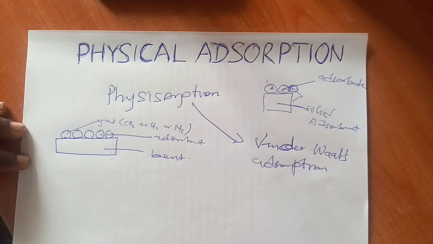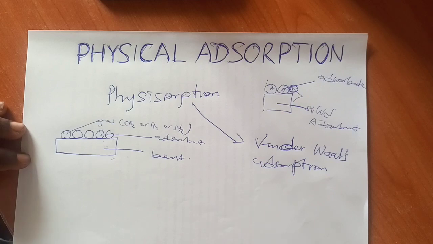Besides, I told you that the temperature in physisorption is low, and because the temperature is low, we can say the heat of adsorption is usually very small. I hope you understand.